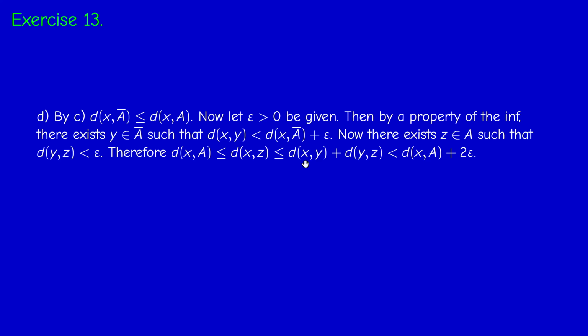And d(x,y) is less than d(x, A bar) plus epsilon, sorry, this is a bar. And d(y,z) is less than epsilon. So I get d(x, A bar) plus epsilon plus epsilon. Therefore, d(x,A) is strictly less than d(x, A bar) plus 2 epsilon. Since epsilon was arbitrary, we conclude that d(x,A) is less or equal than d(x, A bar).